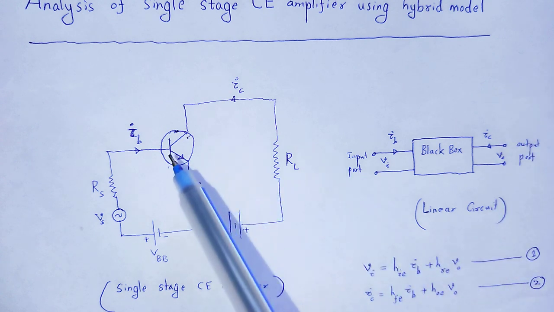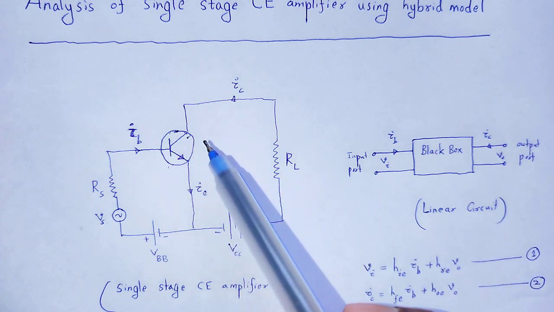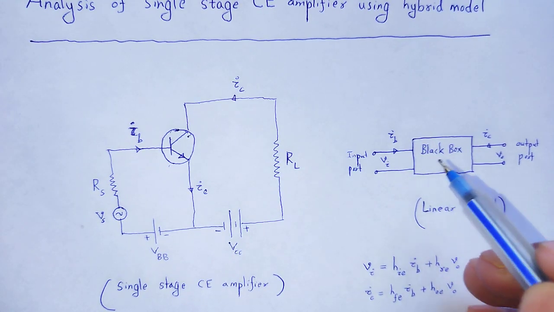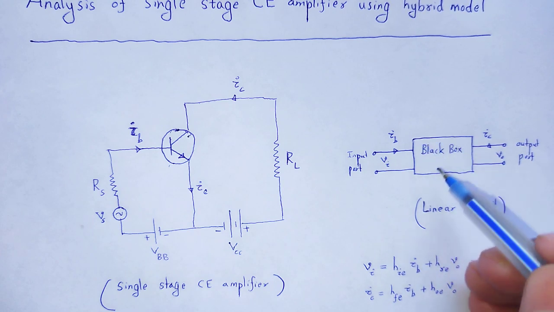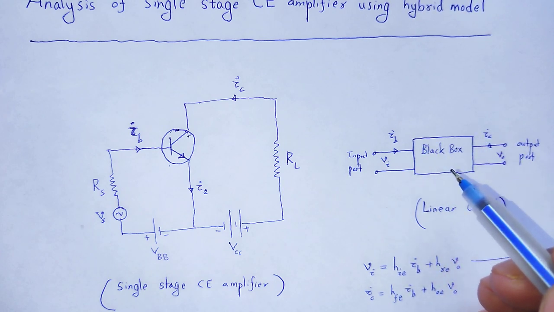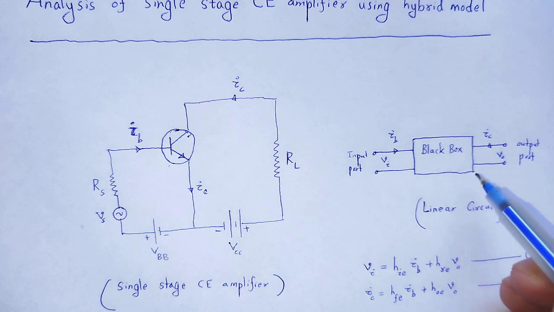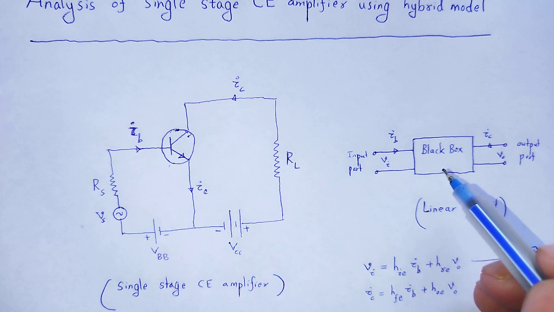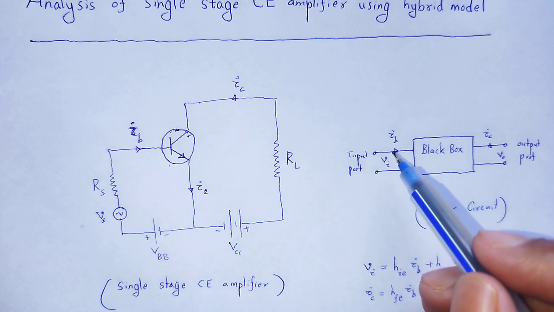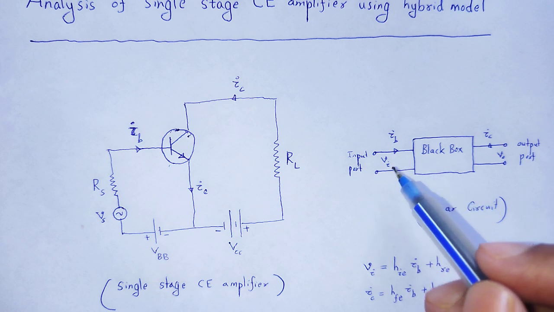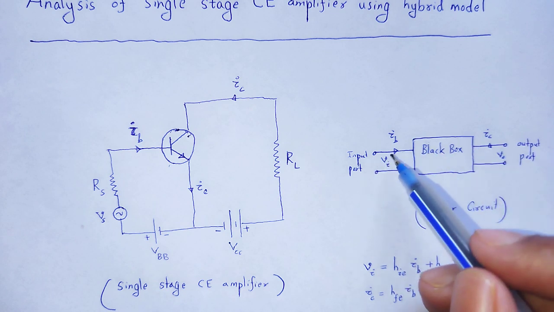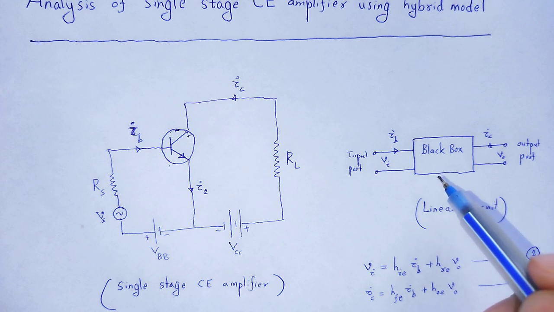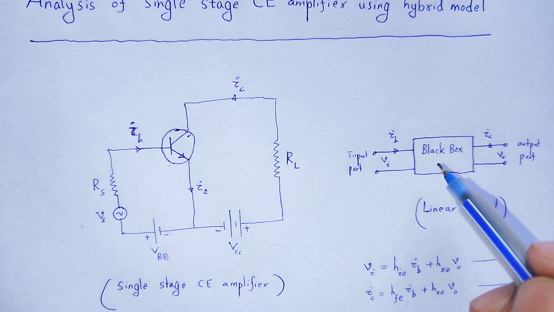The linear circuit of that single stage common emitter amplifier is represented as a black box. Black box is one type of representation in electronics. Without explaining the internal components, just understand the output terminals, and we can easily guess the properties of that transistor or transistor amplifier.